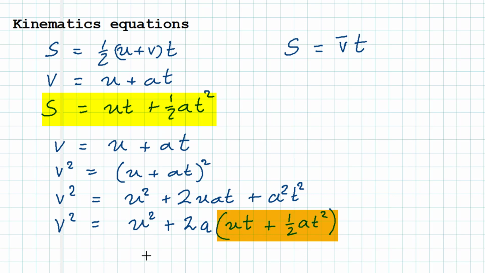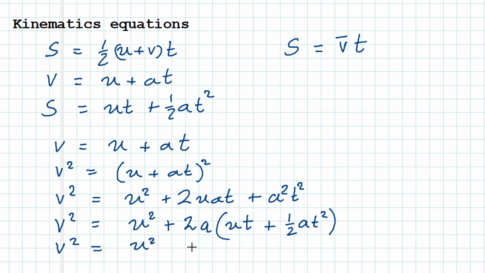So what we can do now is change all this bottom line to give us v squared equals u squared plus 2 times acceleration, and this bracket here becomes the displacement s. So there's our fourth kinematic equation.